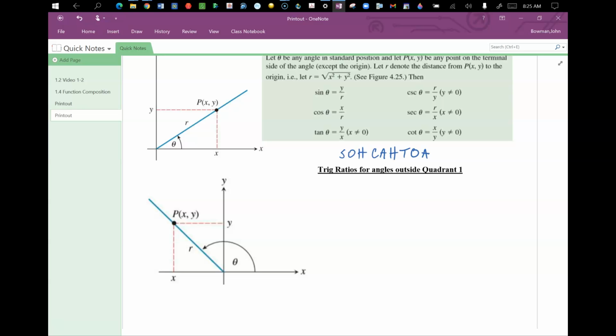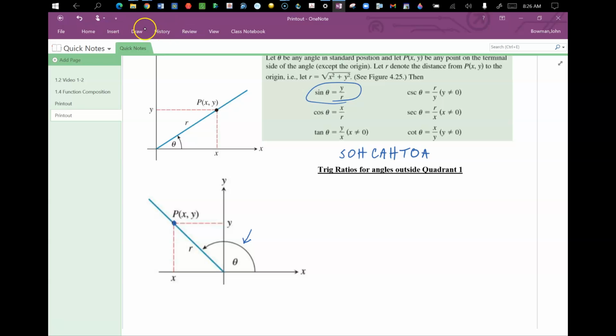So, for example, if we were trying to find the sine of this angle over here, by definition, it is y over r, the y coordinate of a point on the terminal side of that angle divided by the distance from that point to the origin. You can't use SOHCAHTOA on this picture unless you draw a reference triangle.